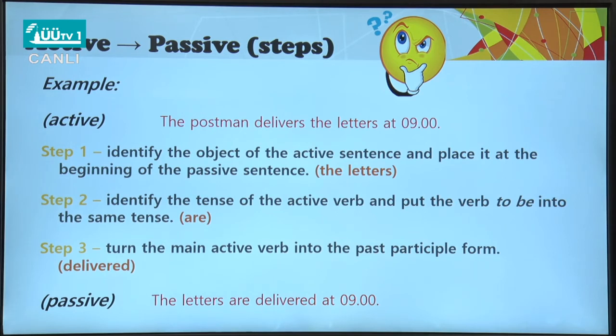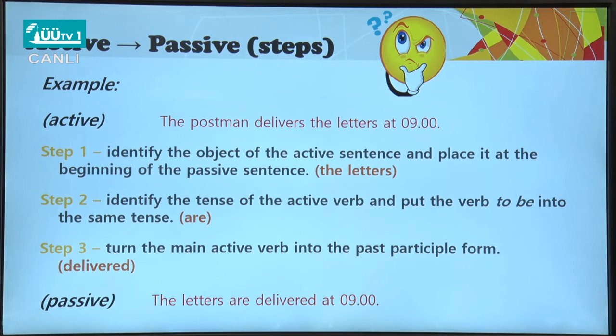Step 3. Turn the main active verb into the past participle form. Your main active verb is delivers, so it should be changed to the past participle, which is delivered. The letters are delivered at 9. This is the passive form.